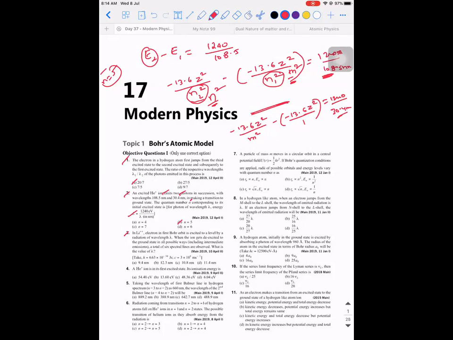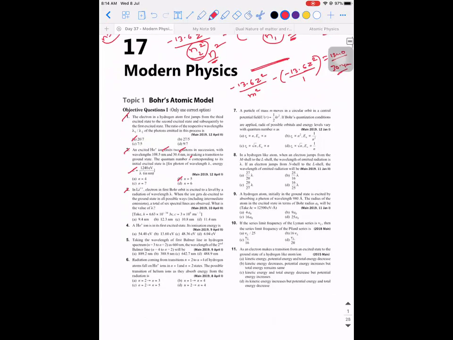So what is the formula? Sir, E equal to hc by lambda.